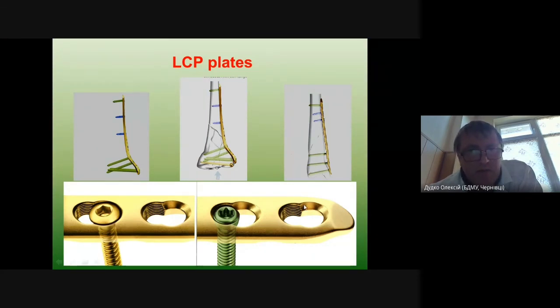So we make a small incision above, a small incision below, we put this under the fascia, and we fix screws above and screws below. So actually we are not opening the fracture site. And that, of course, is beneficial for fracture healing.